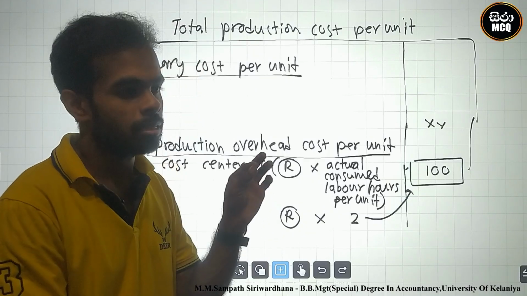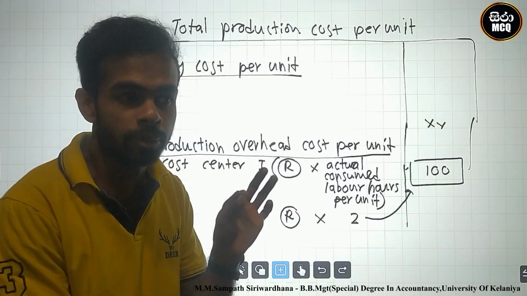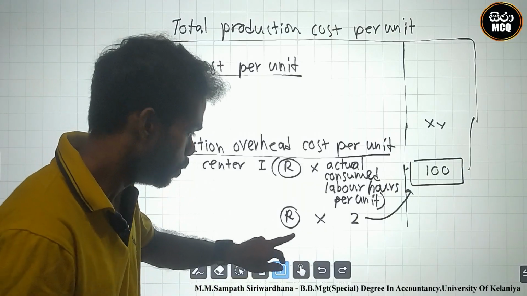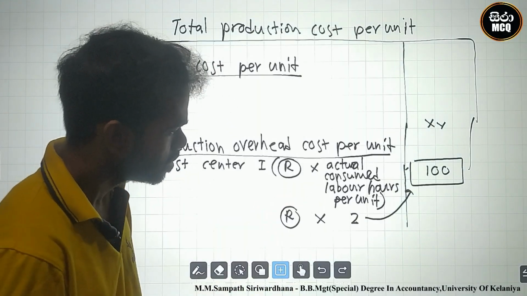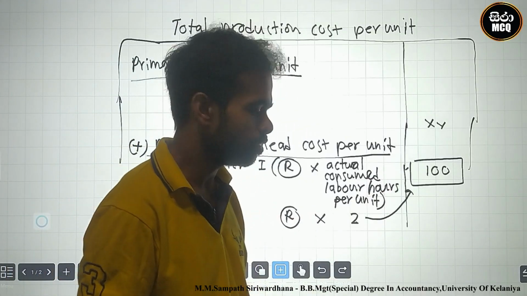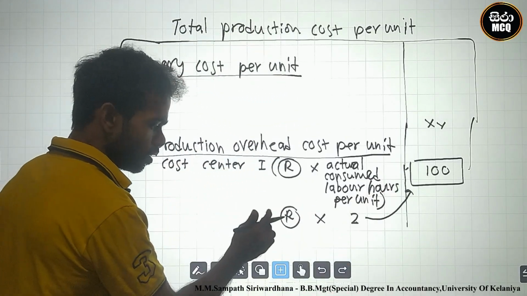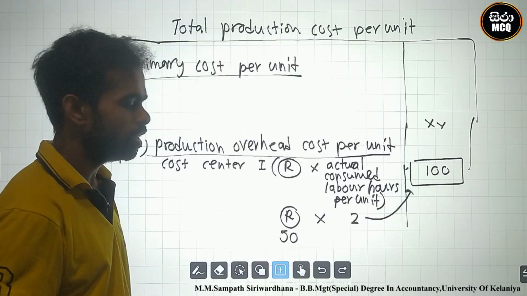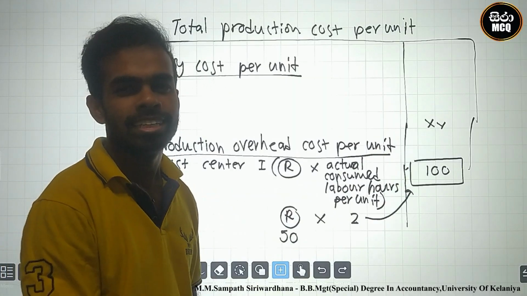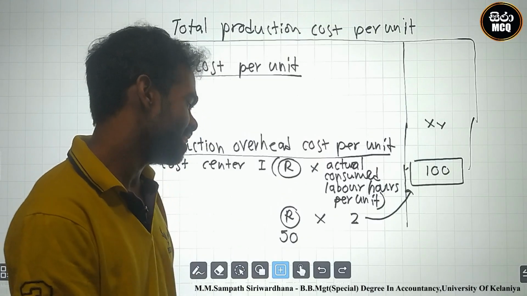The rate means overhead cost per labor hour. There are 2 labor hours. We can identify 100. What is the value of the rate? Rate 50. Why 50? 50 multiplied by 2, we can get 100.